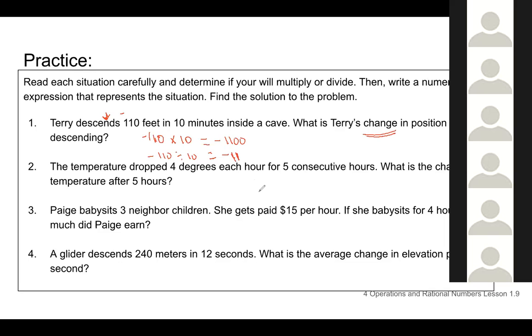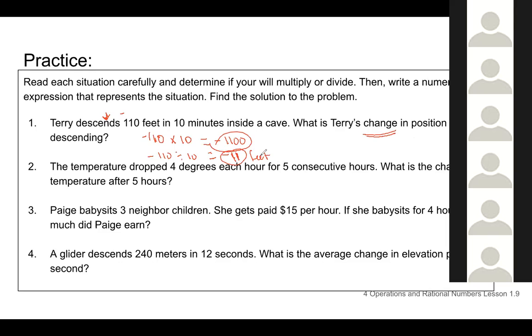Okay. So which one of these do you think better addresses this answer? What is Terry's change in position before descending? Is it negative 1100 feet or negative 11 feet? Negative 11 feet. So in this case, this is a division problem, right? So I was right. Yeah, you were right. It's division.